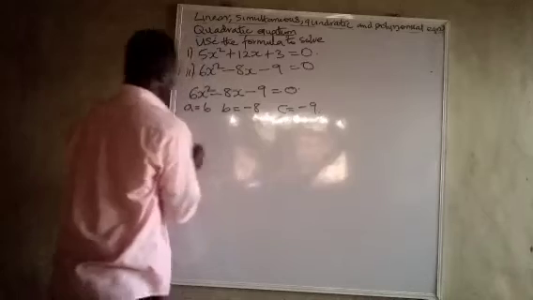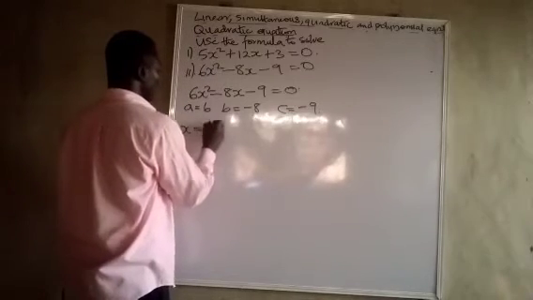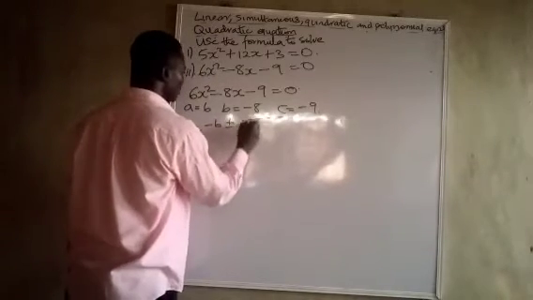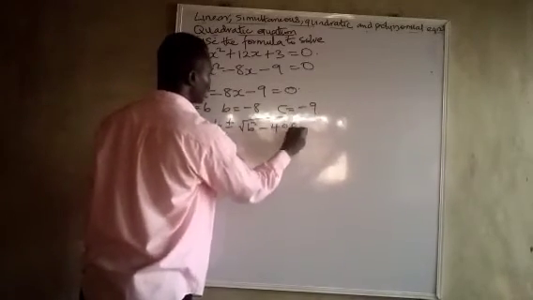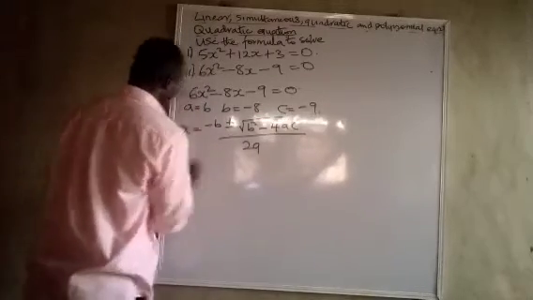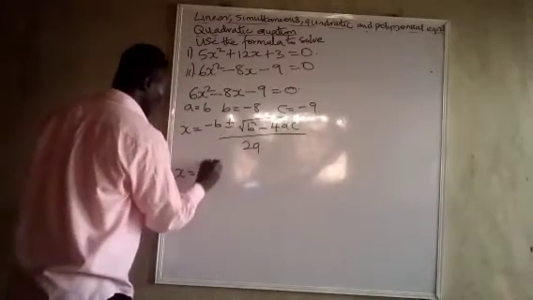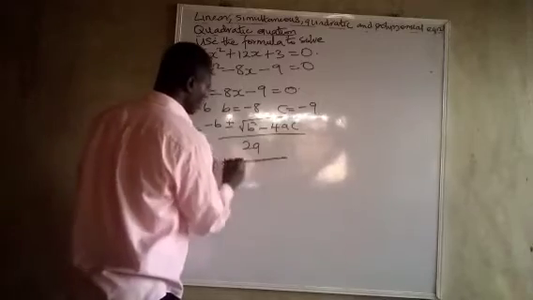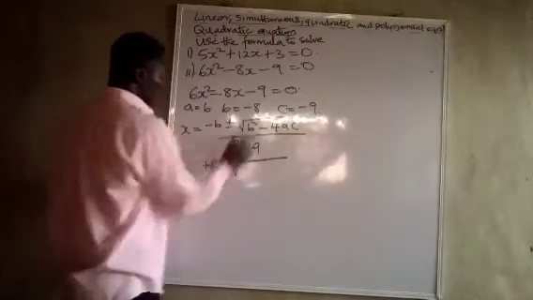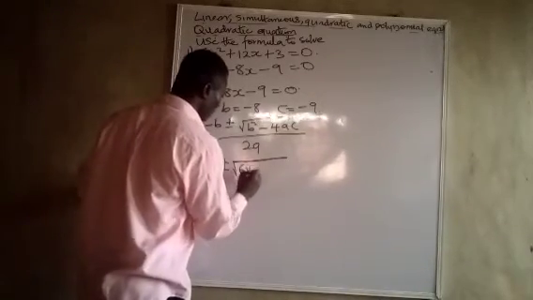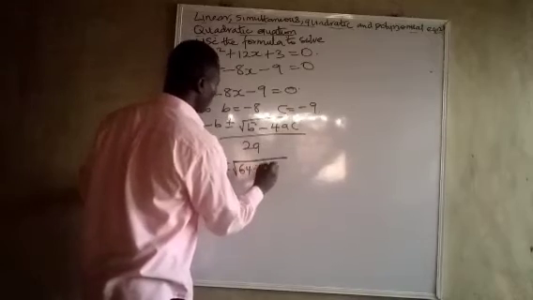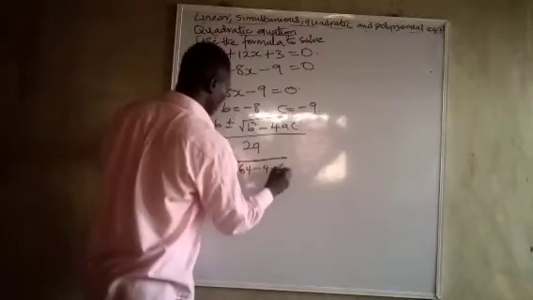You can see. Therefore, x is equal to minus b plus or minus square root b squared minus 4ac divided by 2a. So in this instance, x will be equal to minus minus 8, that is plus 8, plus or minus root of 8 squared, that is 64, minus 4 times what is our a? 6.